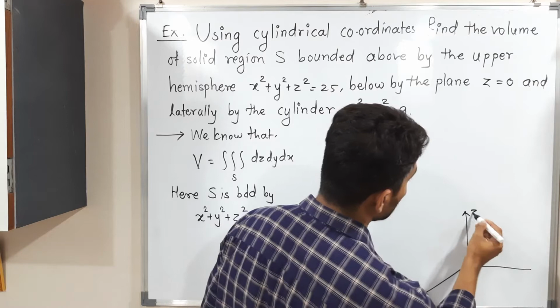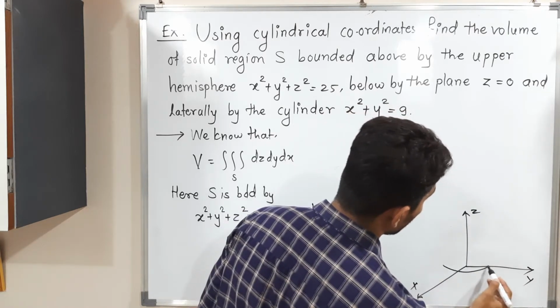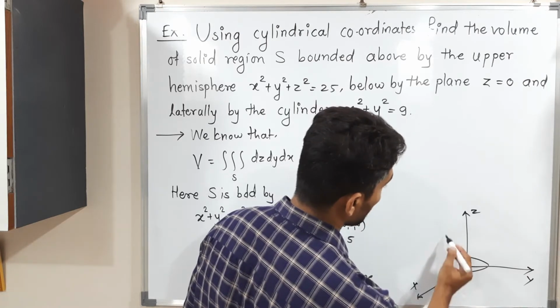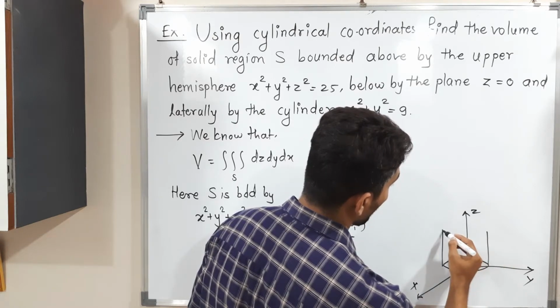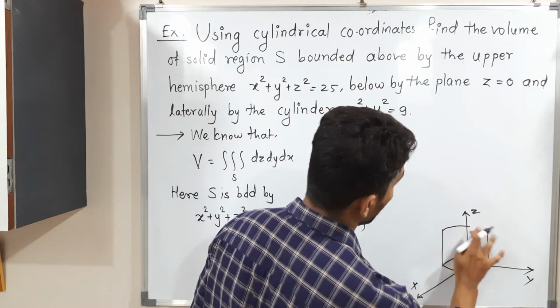x-axis, z-axis and y-axis. See, laterally by this cylinder, bounded below by the xy plane. This is a cylinder and bounded above by the hemisphere. It will be like this.